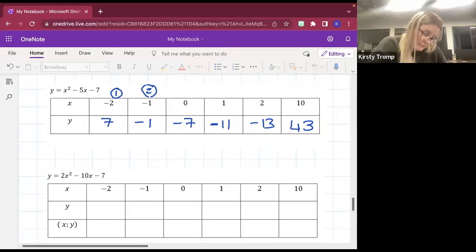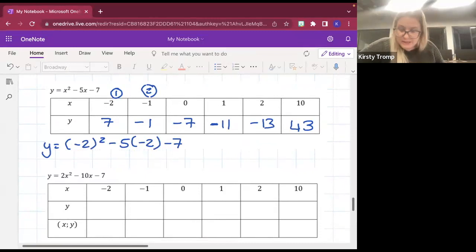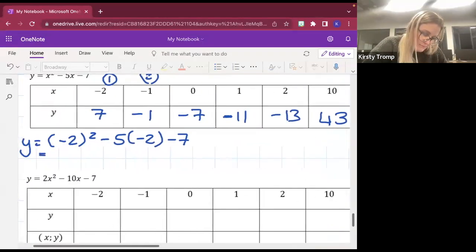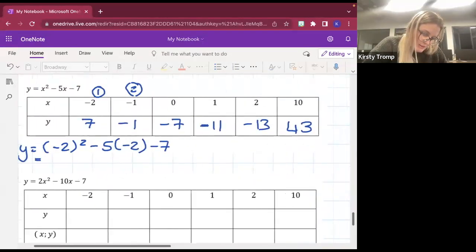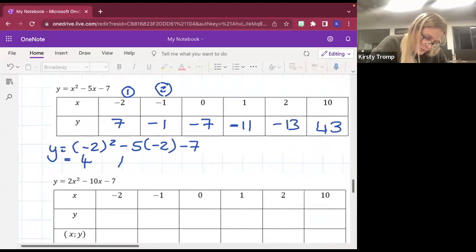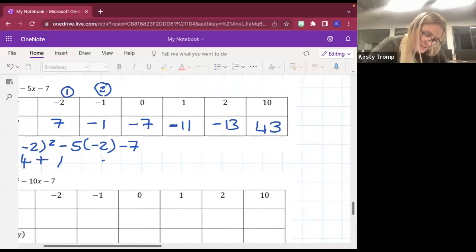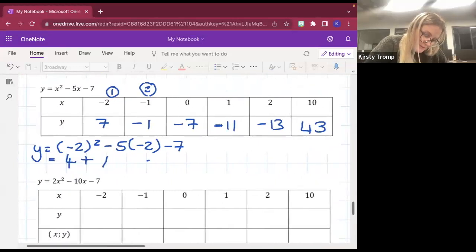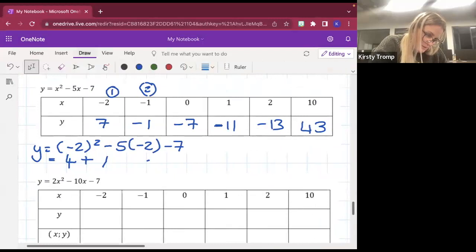Let's go check. So I've got y is equal to, I open up my brackets, negative 2 squared minus 5 times negative 2 minus 7. Did you put that into your calculator? Yes, ma'am. Okay, so negative 2 squared gives me 4. 4 plus negative 5 times negative 2 gives me 10.